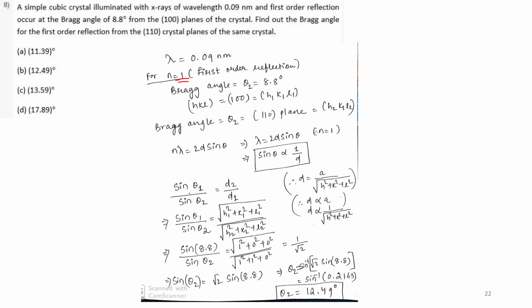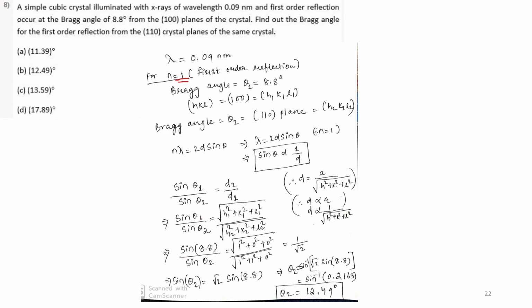Now if we take the ratio of sin theta 1 divided by sin theta 2, we get d2 divided by d1. And the d formula, I have already explained in the second class how it came: d will be a divided by root of h squared plus k squared plus l squared. Which means d is proportional to a, as well as d is proportional to 1 over root of h squared plus k squared plus l squared. Now take the ratio, and you will get sin theta 1 by sin theta 2 equal to root of h1 square plus k1 square plus l1 square divided by root of h2 square plus k2 square plus l2 square.